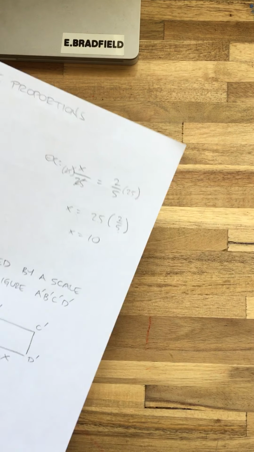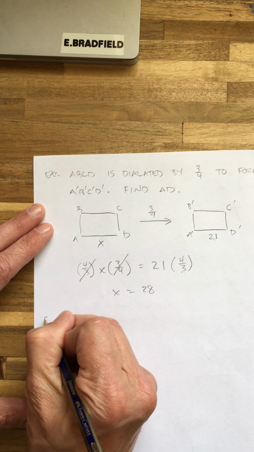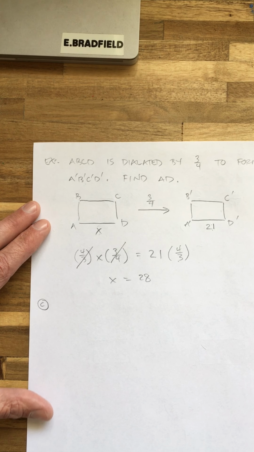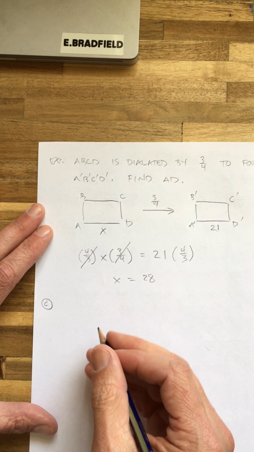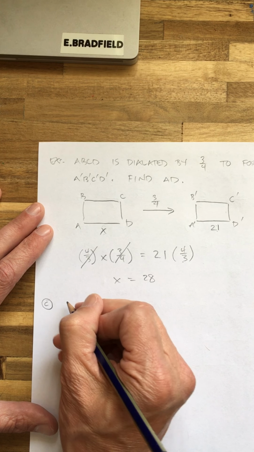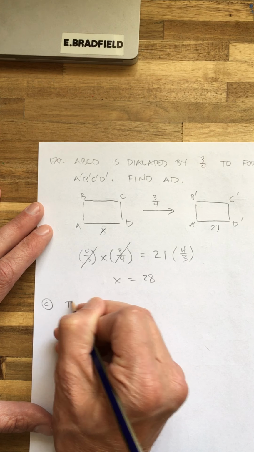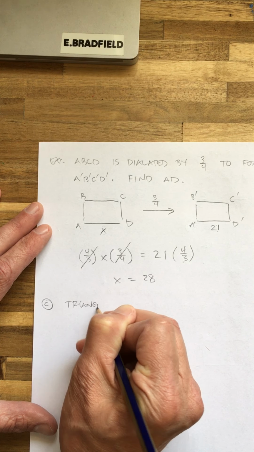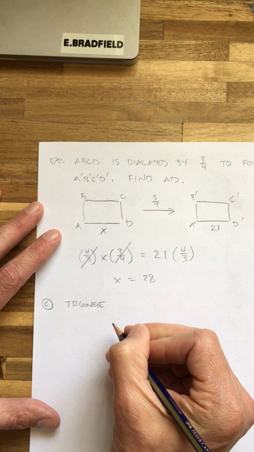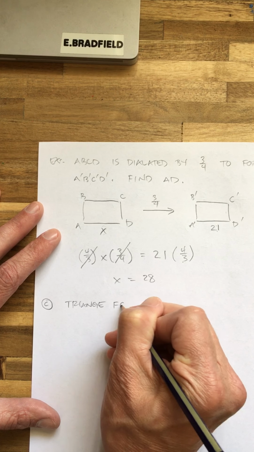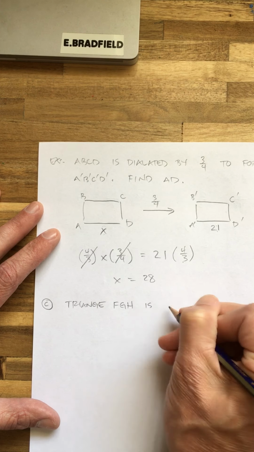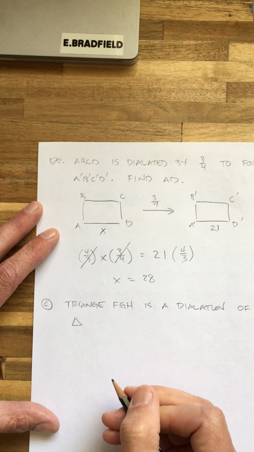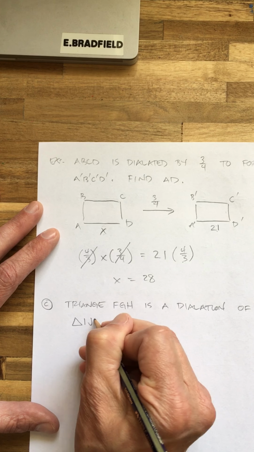All right, so was that part B? Let's do part C. Now we have something that looks like this. Triangle FGH is a dilation of triangle IJK.